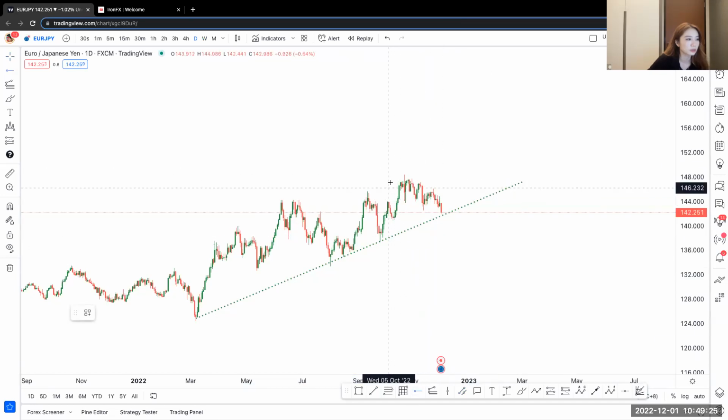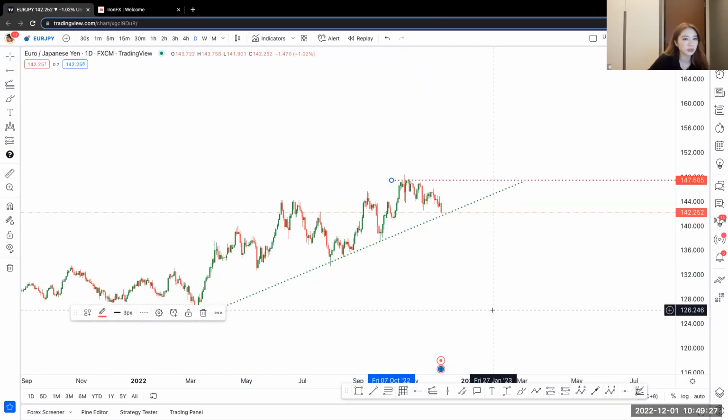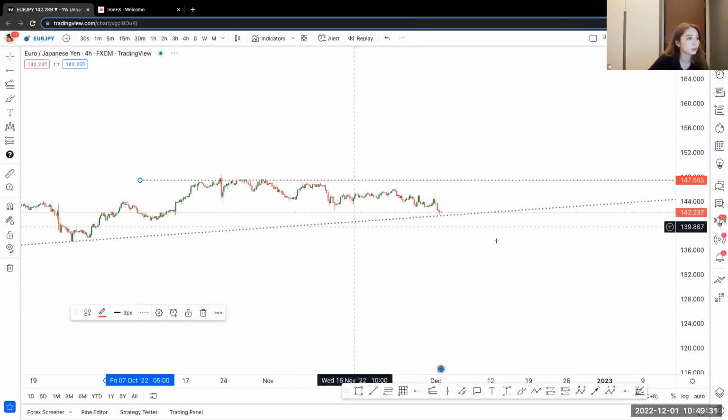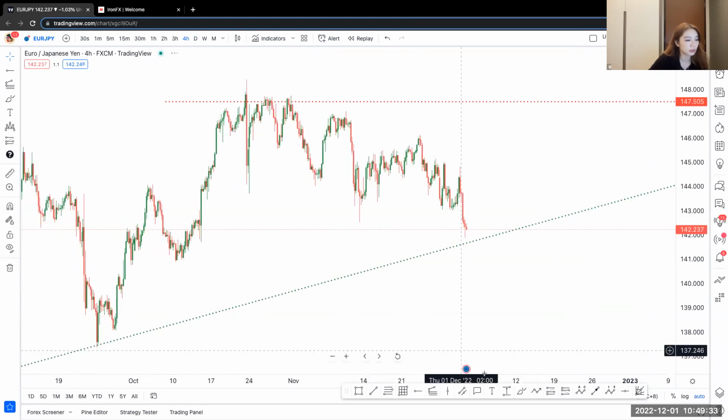Resistance. Recent resistance at 147.505. Let's look at H4.